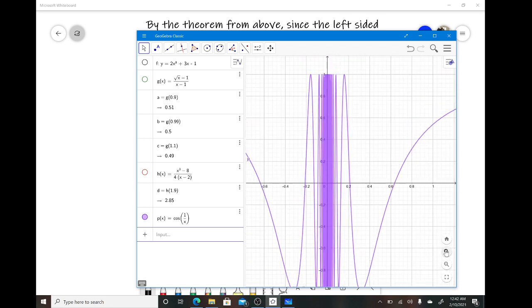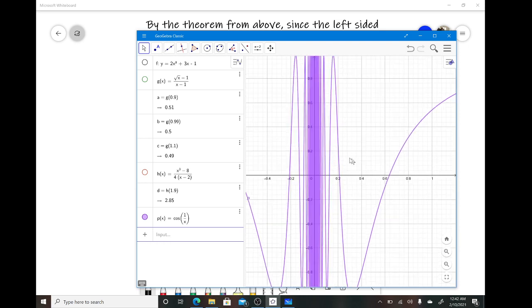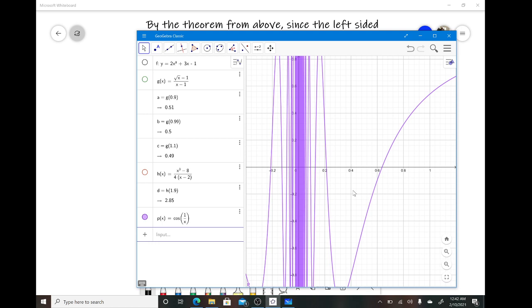This is not the case with this particular graph, because notice that the closer I get, I cannot even distinguish what's going on in here. This particular function, the limit does not exist as you approach 0, because it moves very quickly between 1 and -1. The limit from the right and left side just move very quickly between 1 and -1.